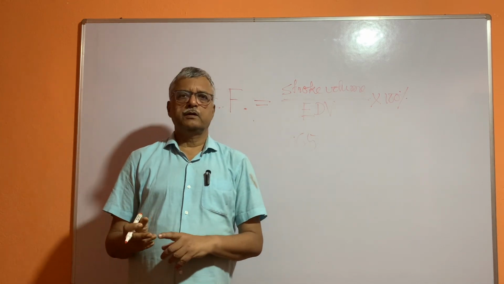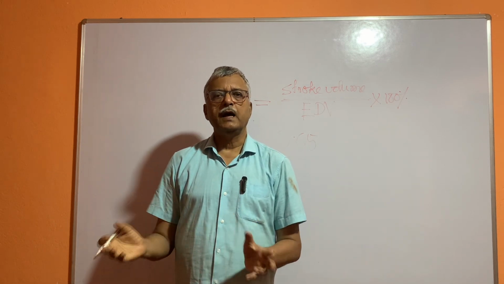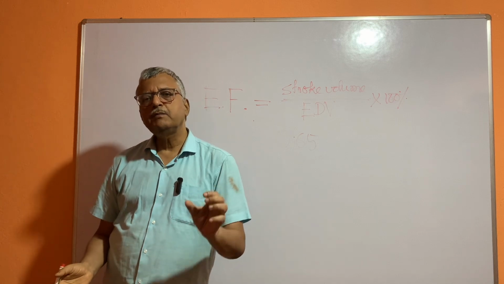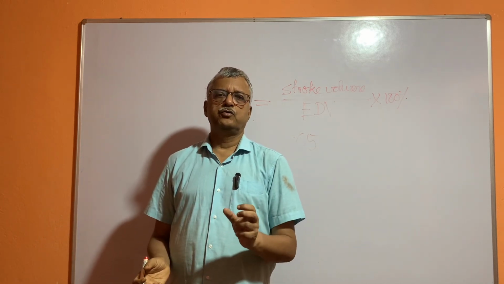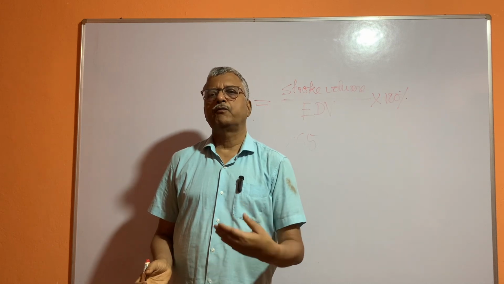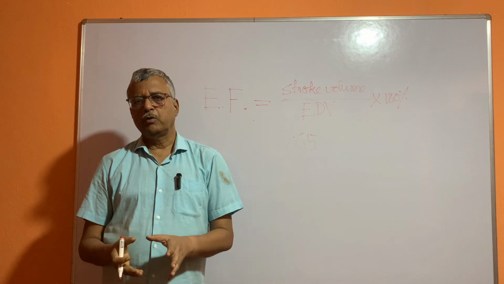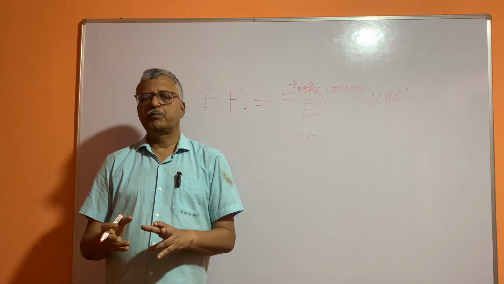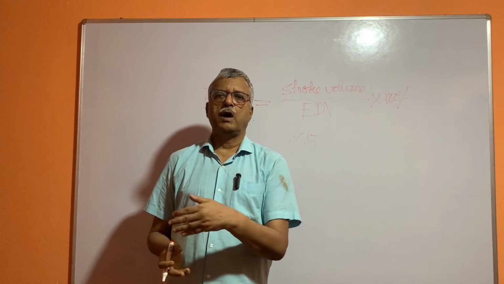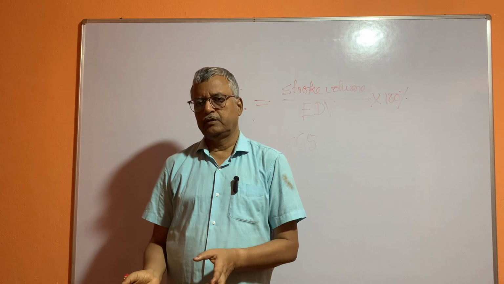But let us consider the case when the heart rate is more than 150 per minute. In that case, the diastole is very much shortened, and so the end-diastolic volume and therefore the stroke volume becomes so small that the product, stroke volume times heart rate, or cardiac output, becomes less than normal.